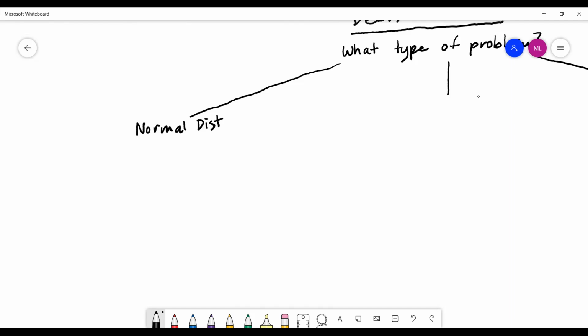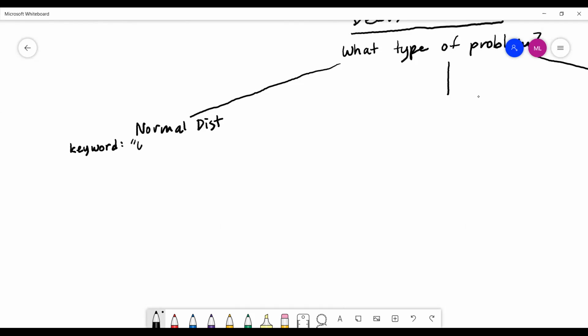What's the probability that a randomly selected dog is between 38 pounds and 47 pounds or something like that? So the key word you're looking for here is they will explicitly be asking you for a probability.